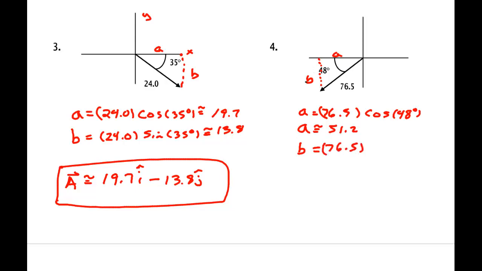We're looking at the opposite side, so we use the sine function. 48 degrees, so B is approximately 56.9. In this case we're going to the minus x, minus 51.2 i hat. We're also going to the minus y because we're in the third quadrant. So we have minus 56.9 j hat.